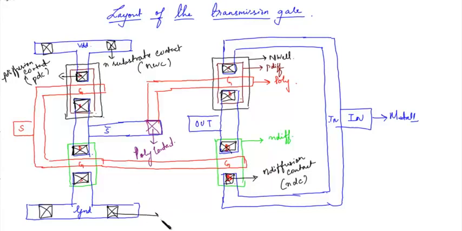This is the P substrate contact or the P well contact. So this is the layout of a transmission gate that is drawn by keeping both the inverter and the transmission gate part in untwisted form.